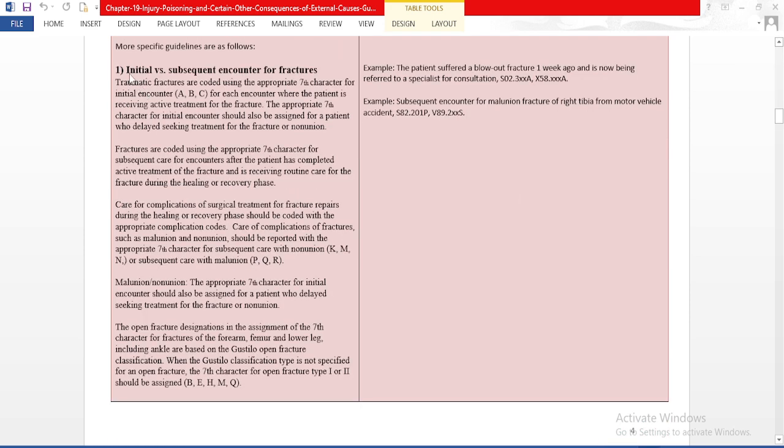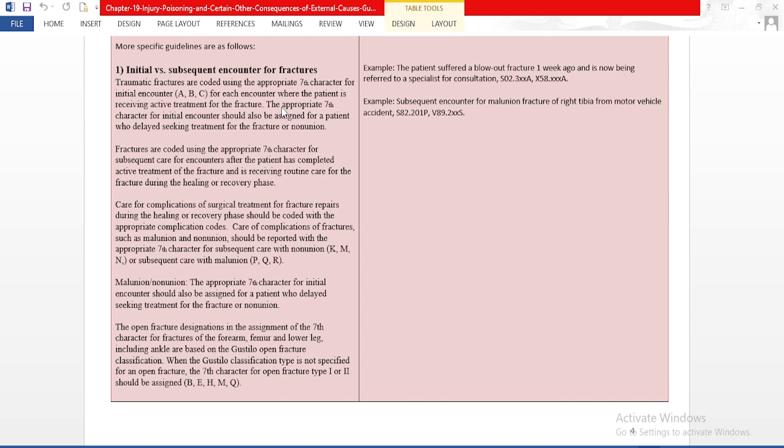We have one more guideline here, initial versus subsequent encounter for fractures. So for traumatic fractures, as we learned previously, we have three seventh character values which are A, B and C. Here these are based on whether the patient is receiving active treatment for the fracture. The appropriate seventh character for initial encounter should also be assigned for a patient who delayed seeking treatment for the fracture or non-union.